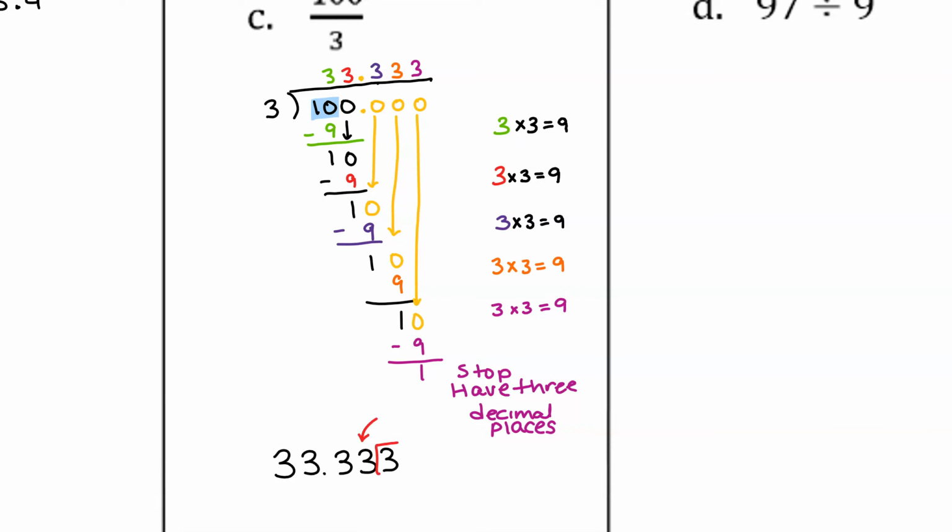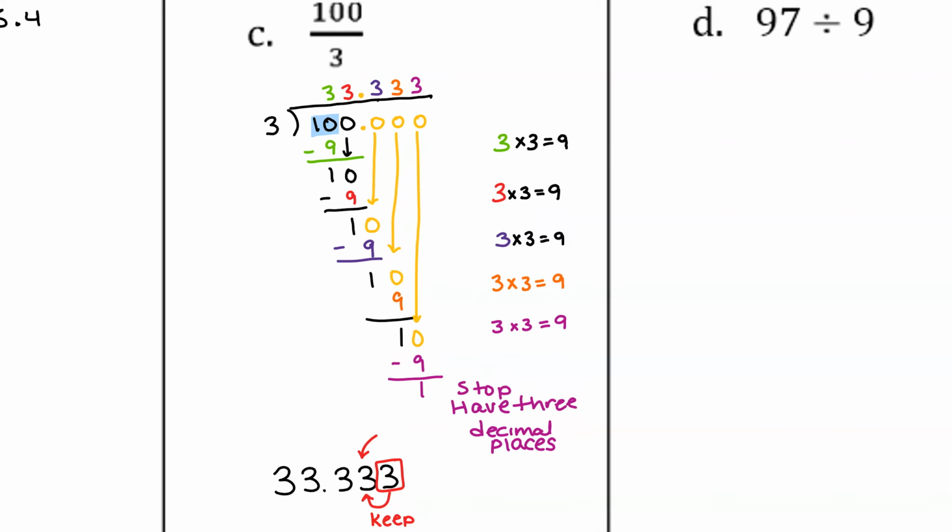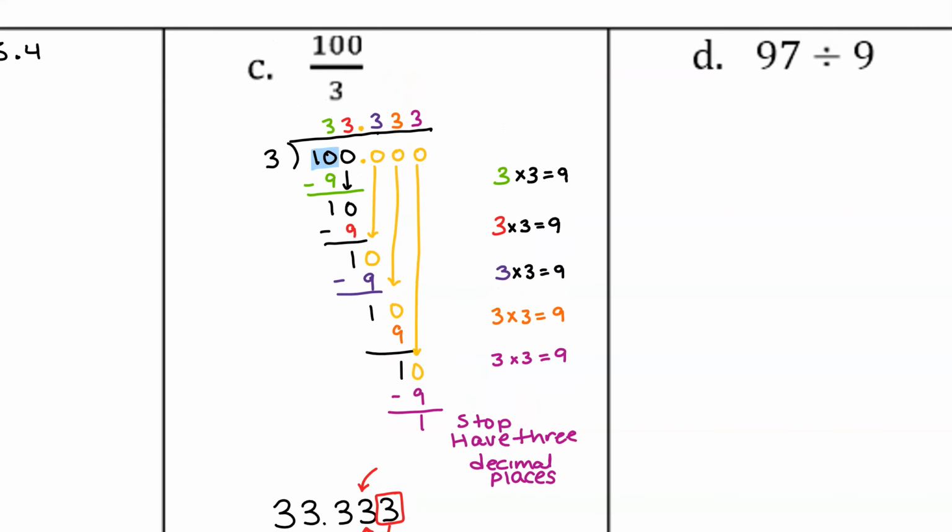I'm going to look to the right. So my right number is 3, which means I'm going to keep the 3. So my final answer will be 33.33. And that is an estimation because I cut off a decimal.